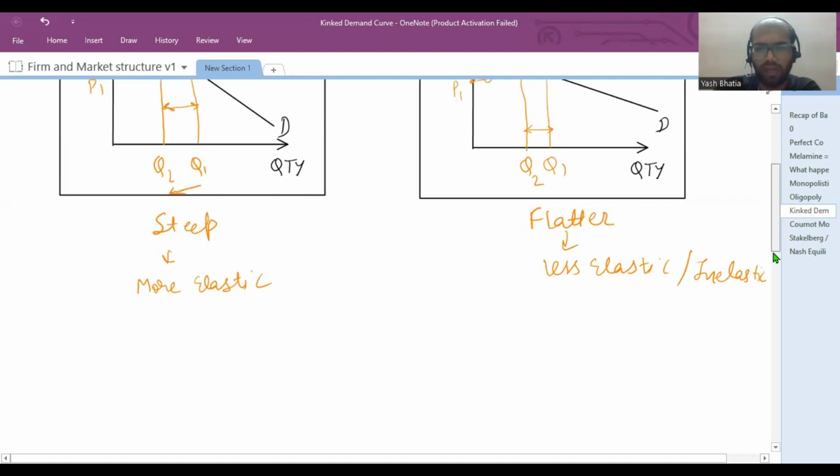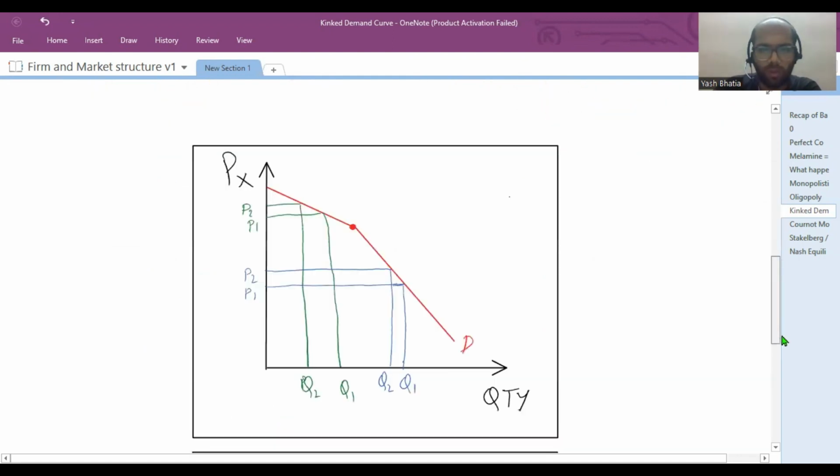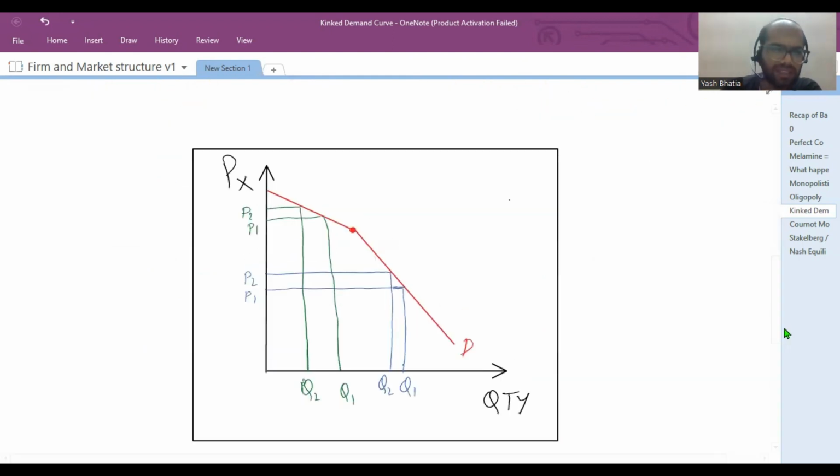Now let us move to the kink demand curve concept. What the kink demand curve says is that there is a kink in the demand curve. The demand curve is not a linear downward sloping line. There is a kink in this demand curve, as you can see here.